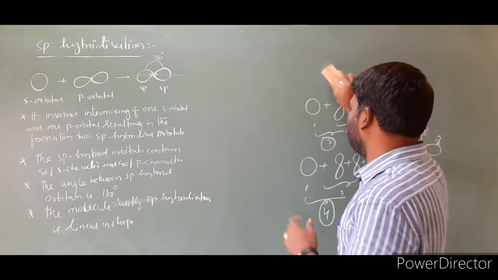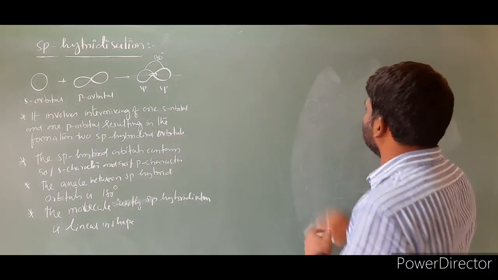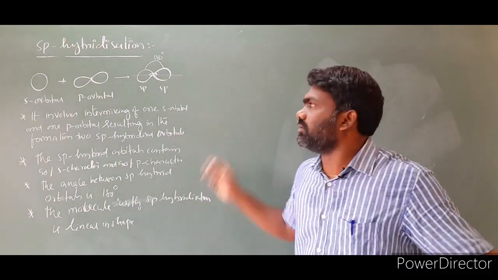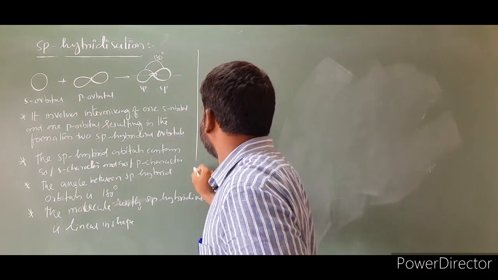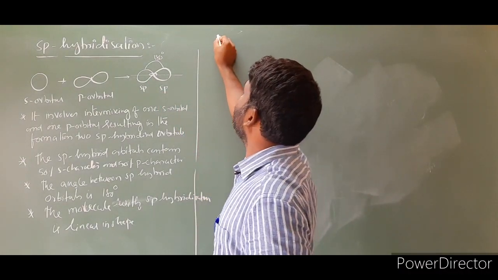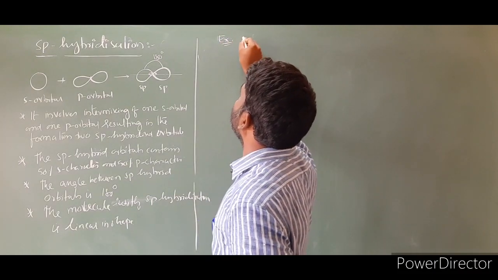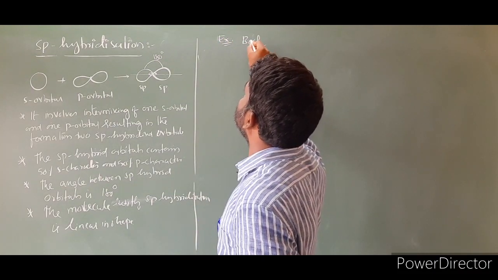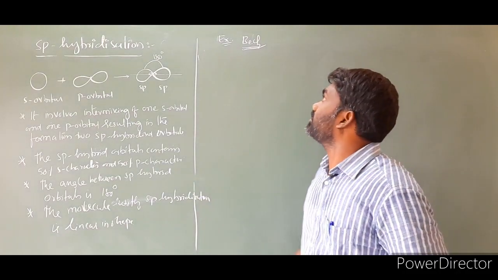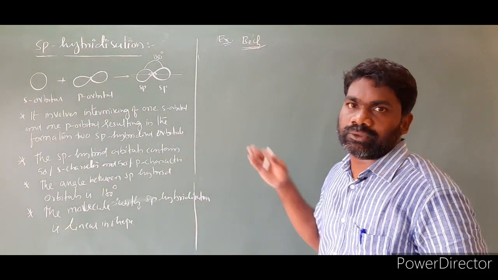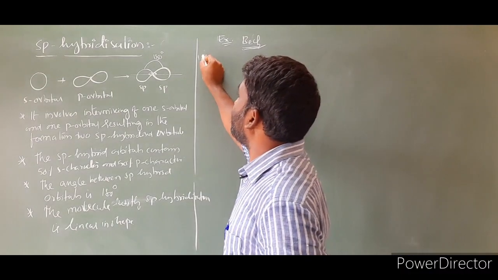Now let us take one example, and we should apply this hybridization concept to that molecule. I am taking the BeCl2 molecule. While applying the hybridization concept to this molecule, we have to take 2 steps.